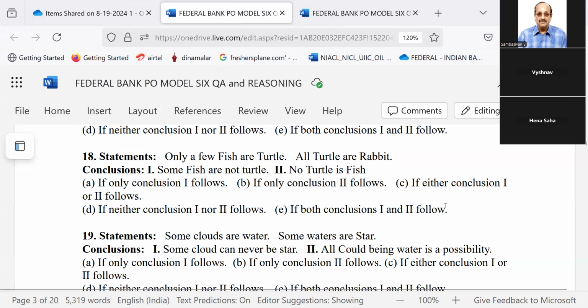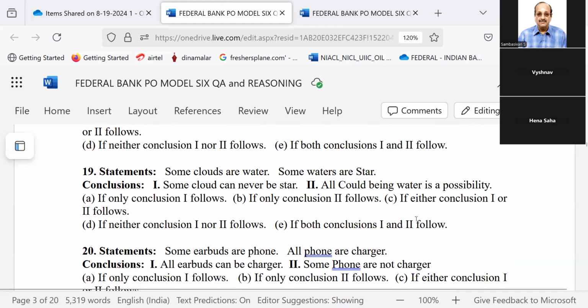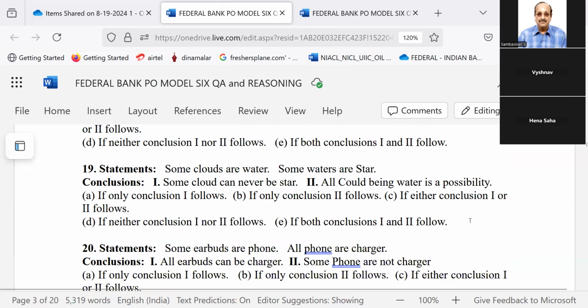You try to work out some answers for this. The answer for 18, what is the answer you are getting for this? Option D. But the paper's answer is conclusion 1 only follows. Okay, we will see that afterwards. Number 19, please do.